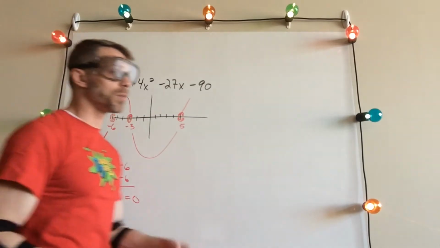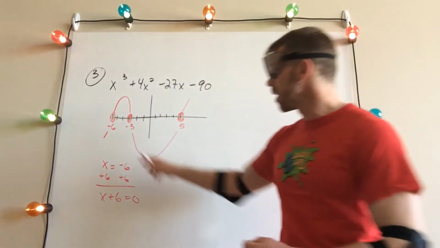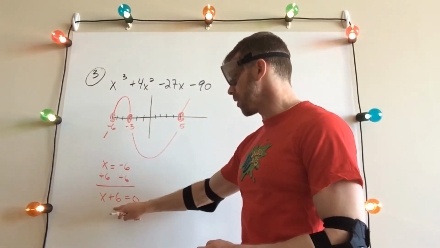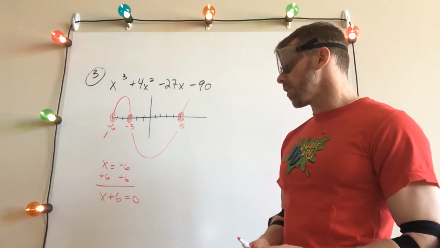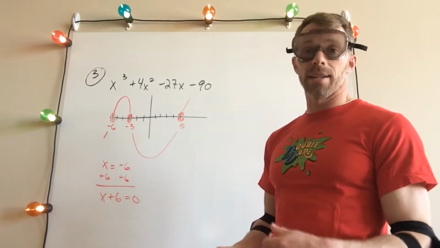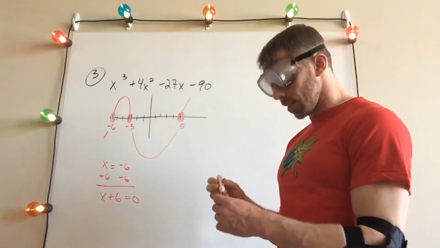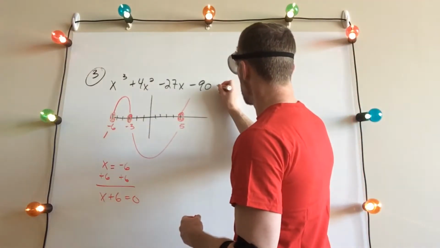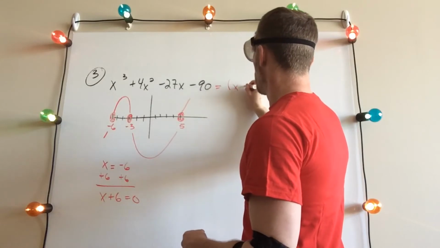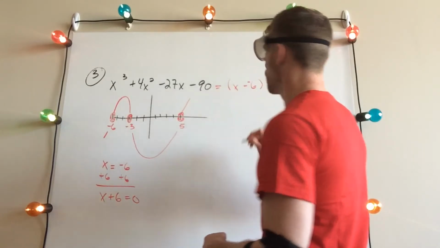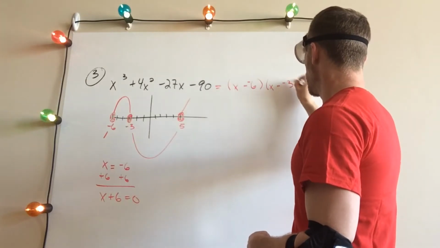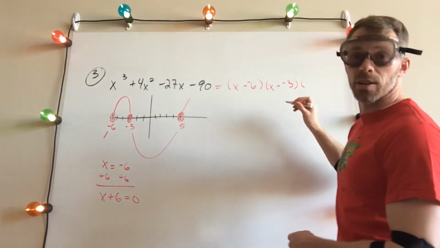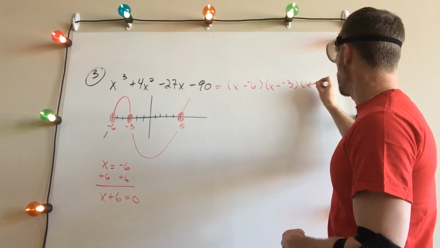So that means to write our zeros as factors, our 0 is negative 6, as a factor it's plus 6. To write a 0 as a factor, it is always x minus the 0. So x minus negative 6, x minus negative 3, and then x minus 5.